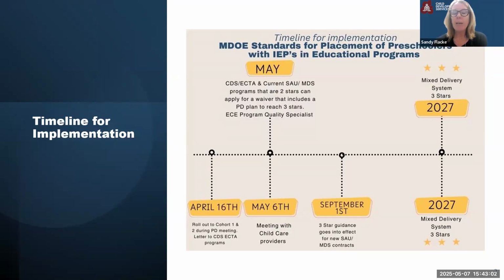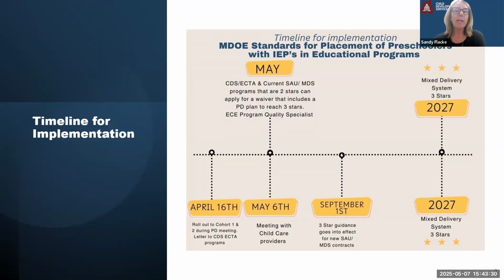Throughout the year, we met as teams and had lots of thoughtful conversations and discussions about what that standard should be. And as a team that is supporting the mixed delivery system, we made a determination that a 3-star rating for early childhood education programs would be appropriate.